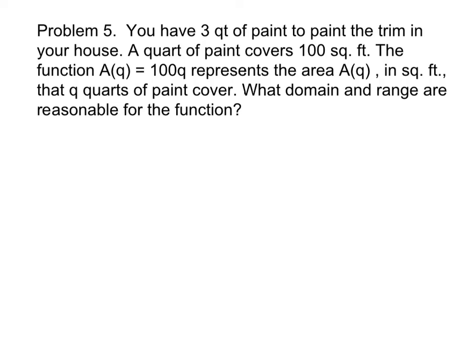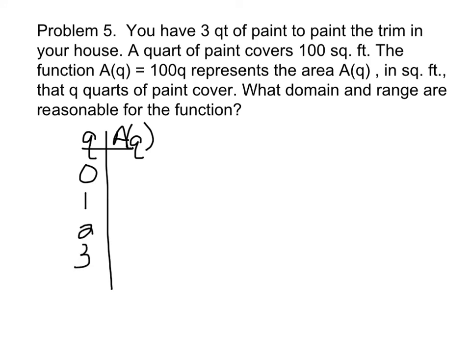Now if you make a T table, your Q is the number of quarts, A of Q is the area. How many quarts of paint do you have? You only have 3. What's the minimum number of quarts that you could use? You could use 0. Could you use negative 1? No, you can't have negative 1 quarts. But you can go up to 3.